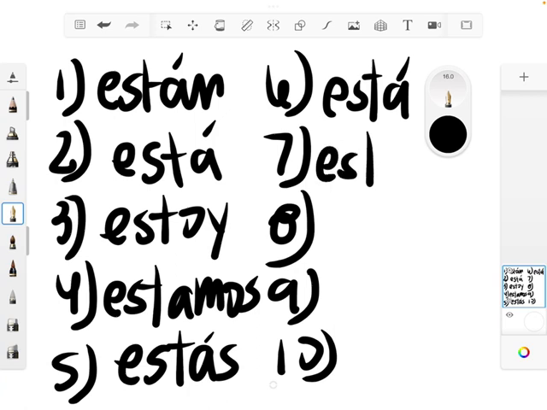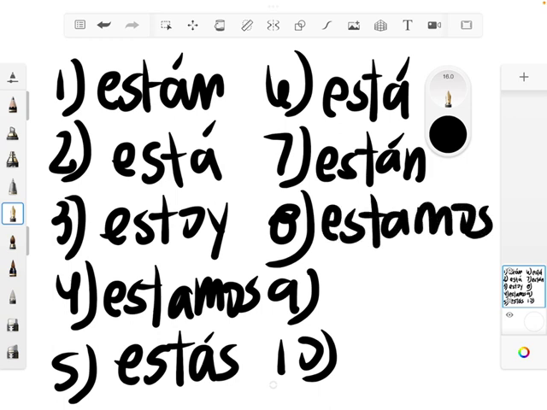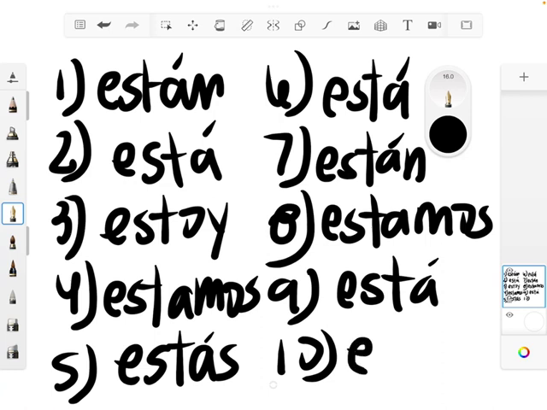Ellas están en la universidad. Ana y yo estamos en la clase. ¿Cómo está usted? Javier y Paula están en el estadio.